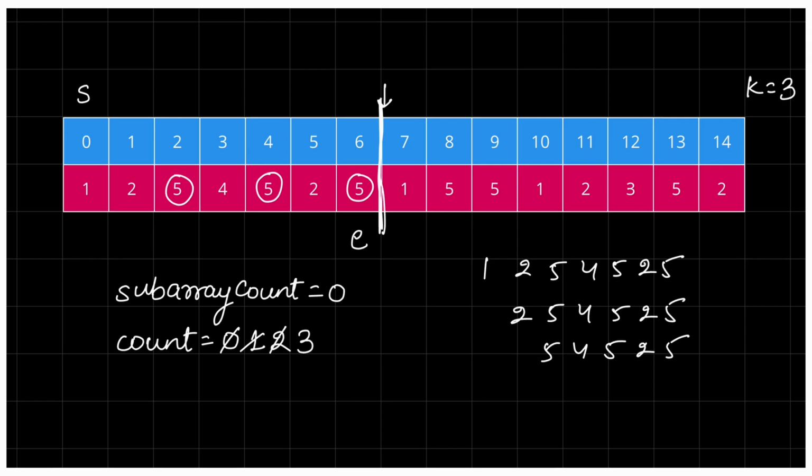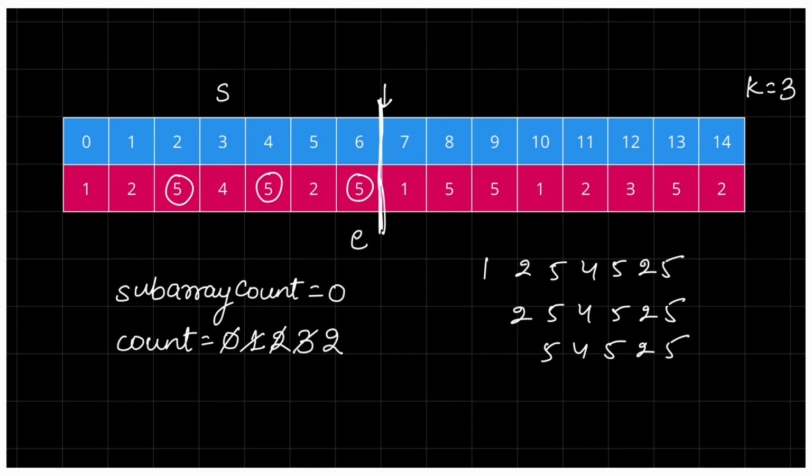So I will take my S and move it forward until I get 5. Is the current element 5? No. Move forward. Is the current element 5? No. Move forward. Is the current element 5? Yes. So I will decrement the count by 1, and once again increment my S. And now at this point your count has become 2.